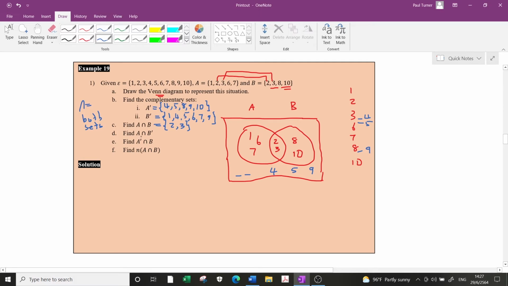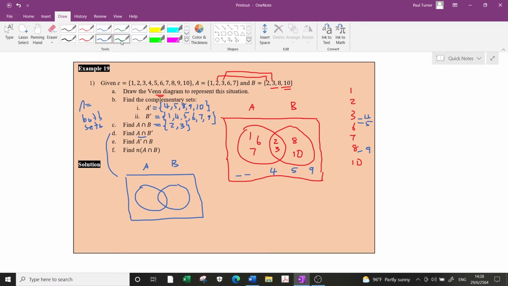So this one, let's think about this here. The intersection of A and not B. So let's draw it out again, because drawing and shading Venn diagrams is very important for what you need to do in future. So this is set A and set B. So where does A intersect not B?